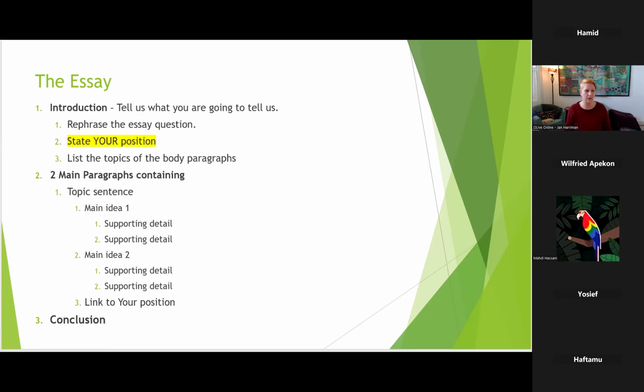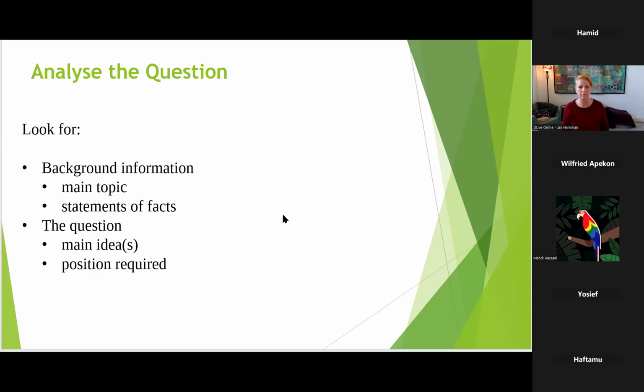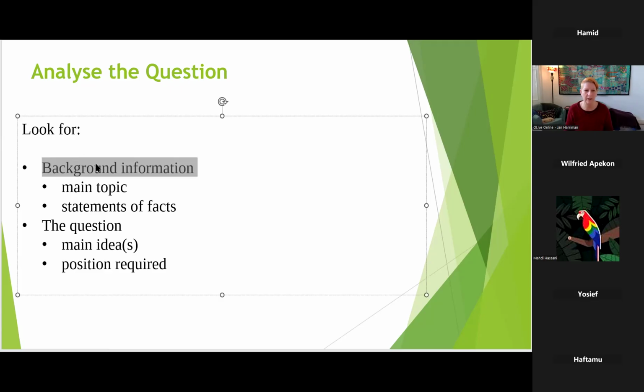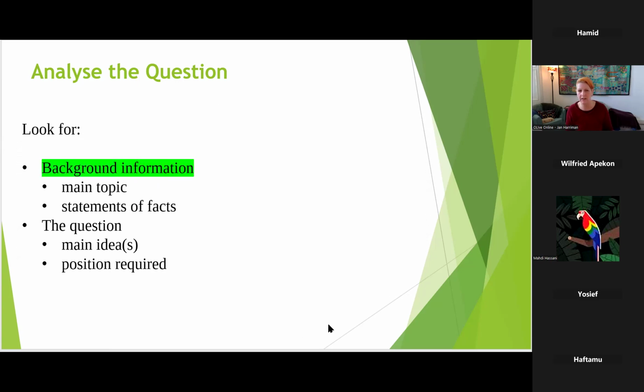The first thing we need to do, as we saw up here, we're starting with number 1, analyze the question. So let's take a look at the question. Here's what we're going to look for. We're going to look for background information. What is the setting? There's going to be information in the question that is not in question.